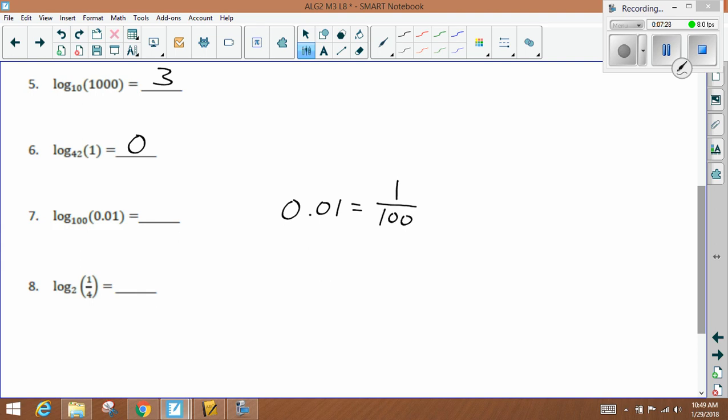How can I write this as a negative exponent? So that's 100 to the negative 1 power. So that means that our answer is negative 1 because we're saying 100 to the negative 1 power is 0.01.